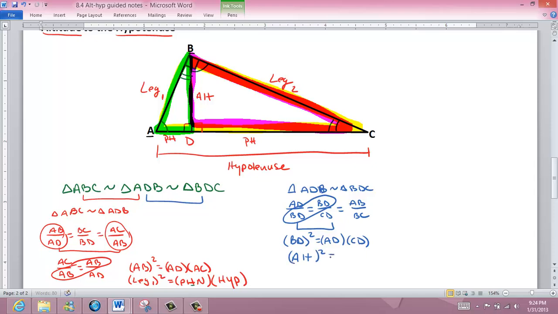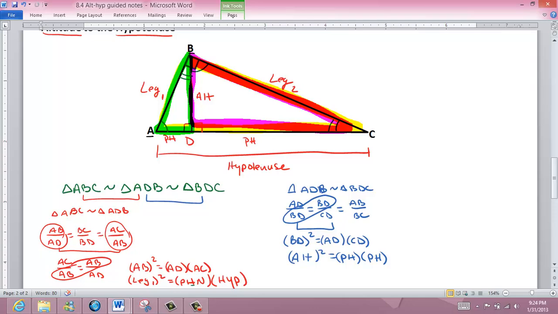So this is really saying the altitude squared equals, if I look, AD happens to be a piece of the hypotenuse. And what is CD? Well, CD is also another piece of the hypotenuse. So in every right triangle, if you draw an altitude of the hypotenuse, the altitude squared would always be equal to the product of the two pieces of the hypotenuse.